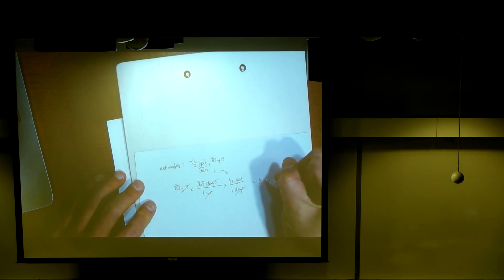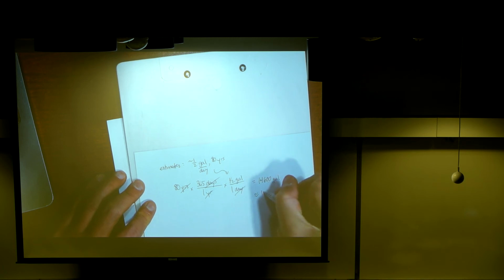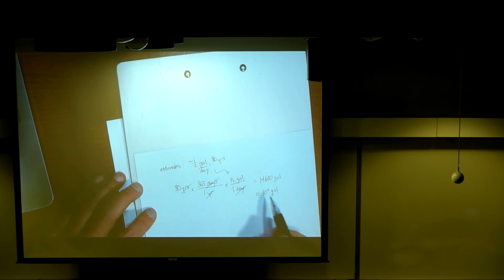Yeah, it's 14,600 gallons, but we don't care so much about the extra digits here. Let's just say to the nearest power of 10, it's about 10,000, which is about 10 to the 4 gallons, okay?